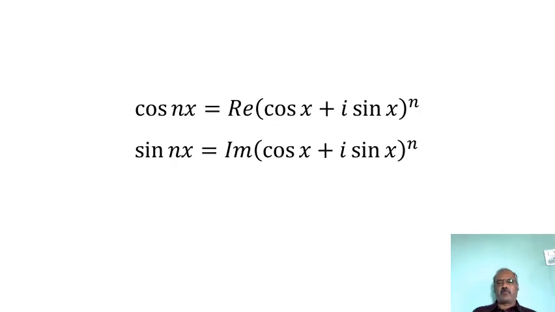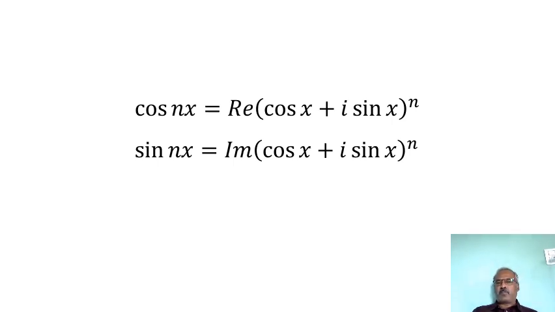Since in the expression cos nx plus i sin nx, cos nx is the real part of that complex number, and sin nx is the imaginary part, we are able to write cos nx equal to the real part of cos x plus i sin x whole raised to n, and sin nx as the imaginary part of cos x plus i sin x whole raised to n.